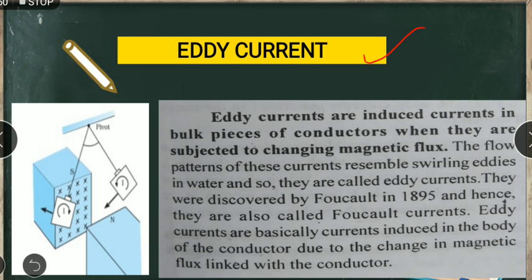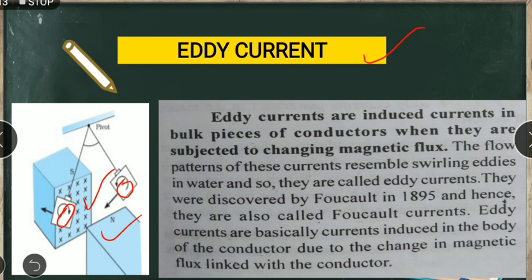Swirling means, for example, when you drop a stone, you can see a ring-like structure. That type of current flow can be seen on the surface of a conductor when it is allowed to move in a uniform magnetic field.